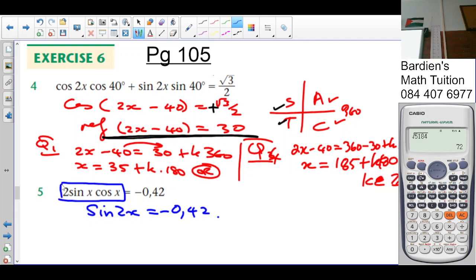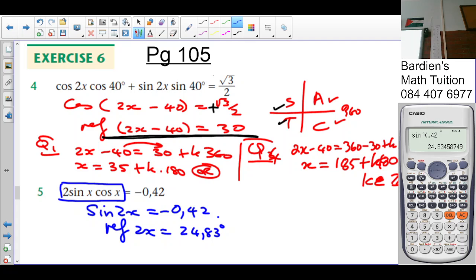Okay, at this point what do we do? Reference. So the arc sine of 0,42. Remember we dropped the negative. Arc sine of 0,42 gives you 24,83. Do not divide by 2 at this point.